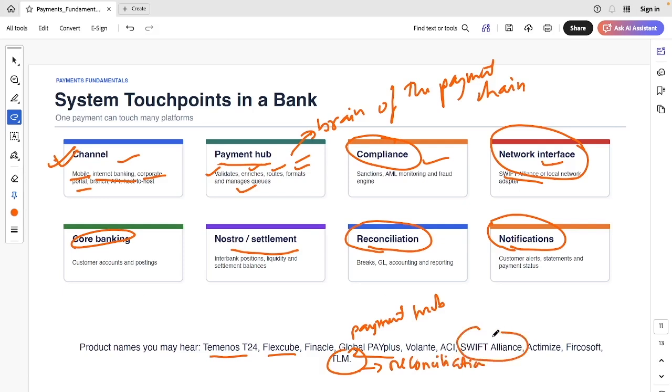Swift Alliance is your network interface. Then Actimize is used for your compliance screening.